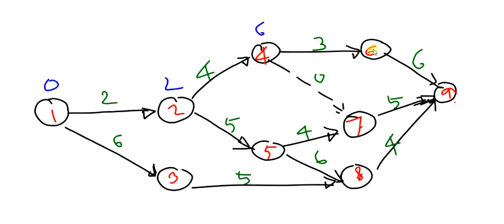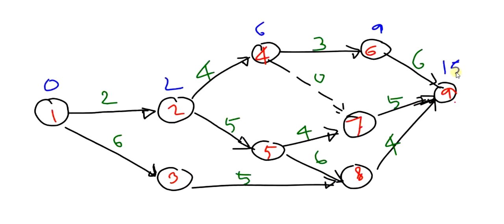And for 4, 6, it will be 6 plus 3 equal to 9, so for event number 6 the value of TE is 9. And for event number 9, it will be 9 plus 6 equal to 15.